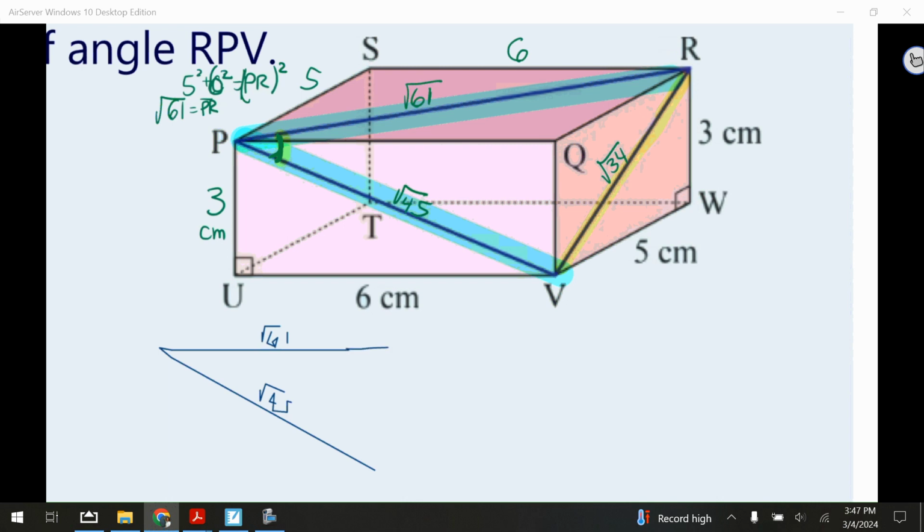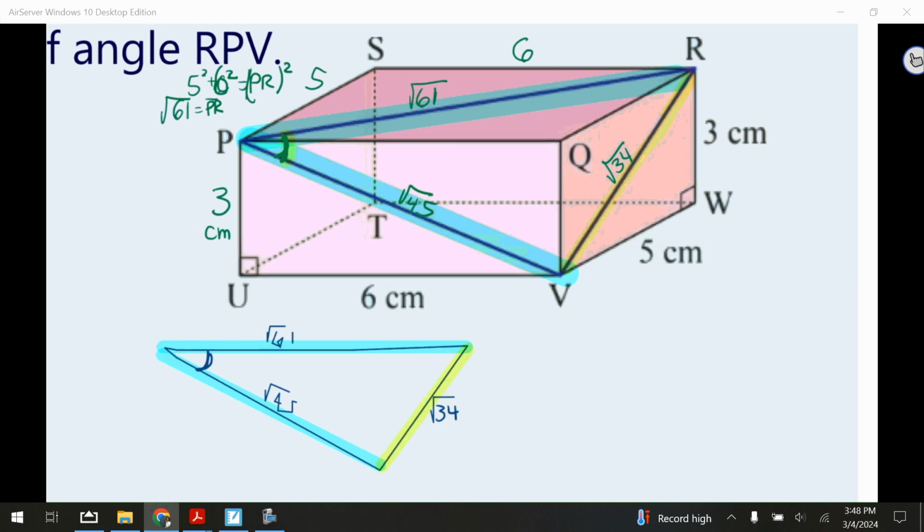And then QR is square root of 34. And the angle I want to find is right here. Okay, so I'm just going to highlight. Those were both green, and this one being yellow in my diagram.